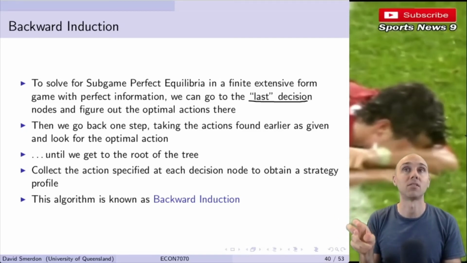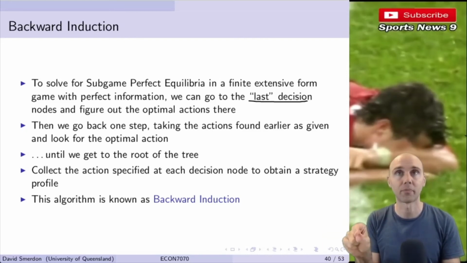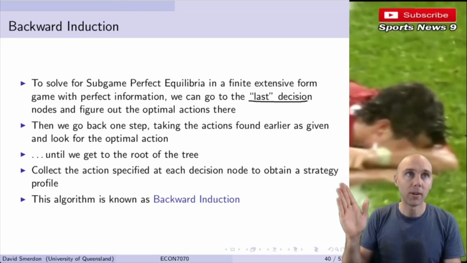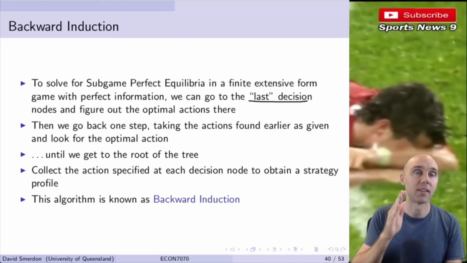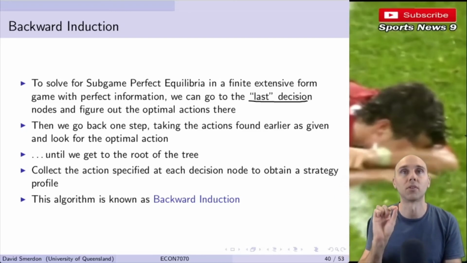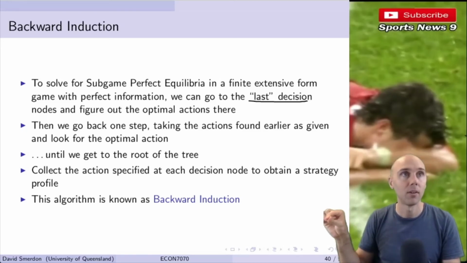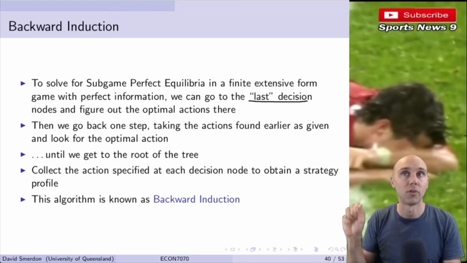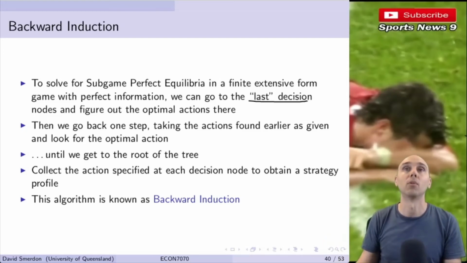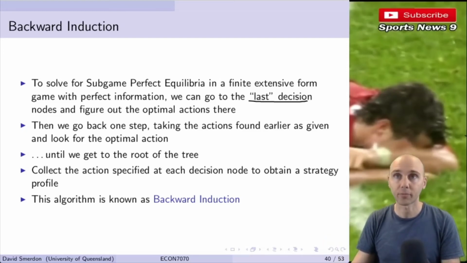So replace that decision with the optimal payoff that would have happened from that decision, and then keep pruning the tree backwards until we get to the very root of the tree, which will give us not only the exact path to the equilibrium outcome, but also the payoff there as well. So this algorithm is called backward induction.